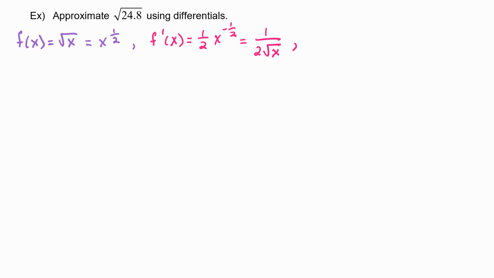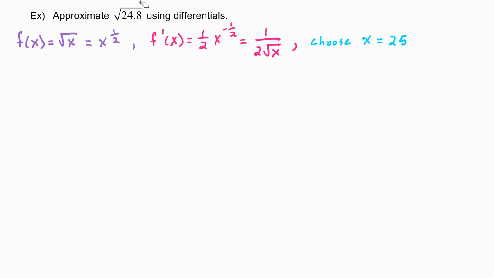We will also need to pick an x value that is easy to calculate a function value, and it's near the number we're trying to calculate, which is 24.8. So we will choose x to be 25, because 25 is the closest perfect square to 24.8.